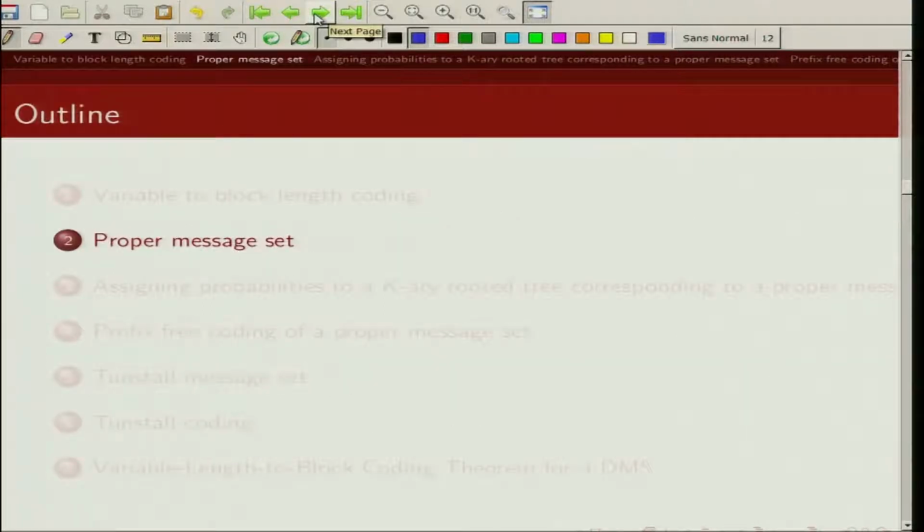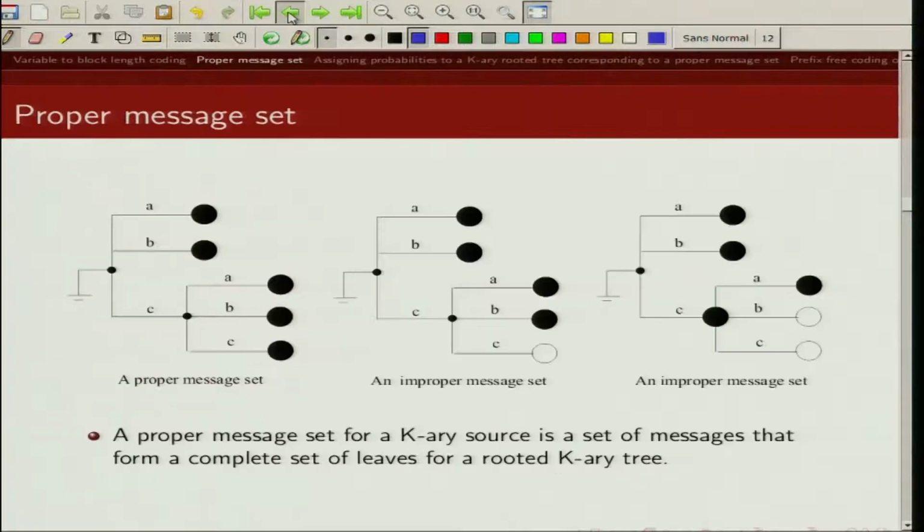Now how do we do this source parsing? That brings us to this concept of proper message set and improper message set. Look first at this example. Let's say I have a ternary source which emits A, B, and C. Let us look at this particular message set.